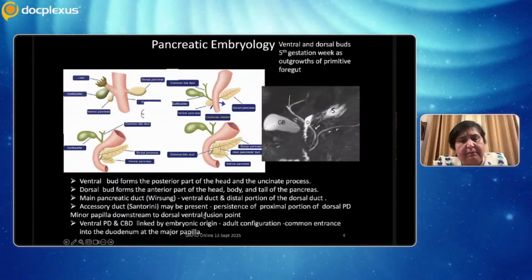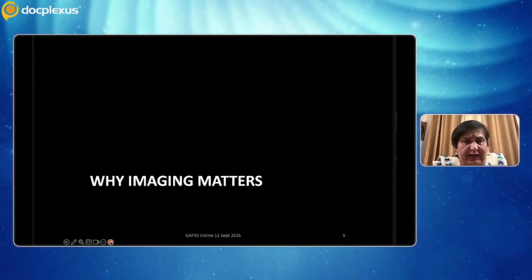The ventral pancreatic duct and the CBD are linked by an embryonic origin. So here you can see that's the CBD there. That's the ventral duct, and that's the dorsal pancreatic duct, which is draining the body and the tail. And the part which is more distal drains into the minor papilla. And this is the accessory duct of Santorini, which may be present. So it's important to be familiar with this anatomy.